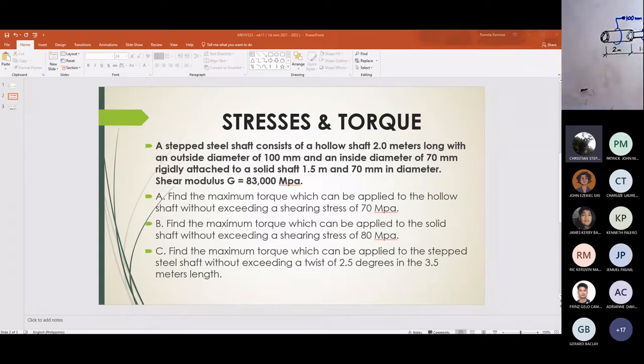So ibig sabihin pag may shafting tayo, meron siyang torque. Ano ba ang difference ng torque at ng couple? Pagka torque, ibig sabihin rotation, may movement siya na rotating. Okay, yun ang torque. So, ang movement niya will be counterclockwise or clockwise.